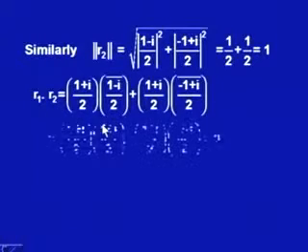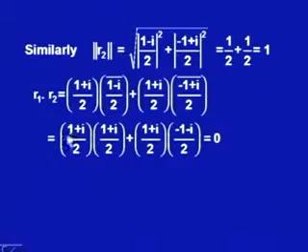When you perform this multiplication, this comes out to be (1+i)/2 and the conjugate of this is (1+i)/2, plus this remains as such, but its conjugate will be (-1-i)/2. So, one can take this minus common, and it is (1+i)/2 and (1+i)/2 with negative sign. So, this cancels out with this, and what we have is that the inner product of R1 and R2, that is R1 dot R2, is 0.